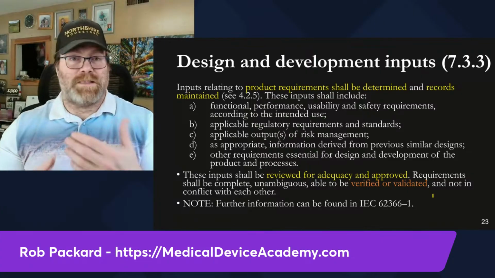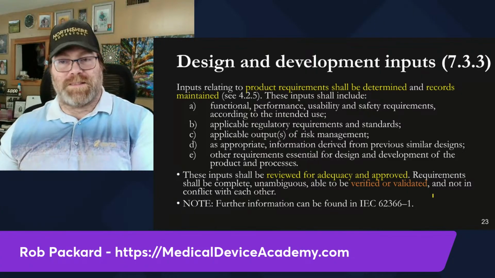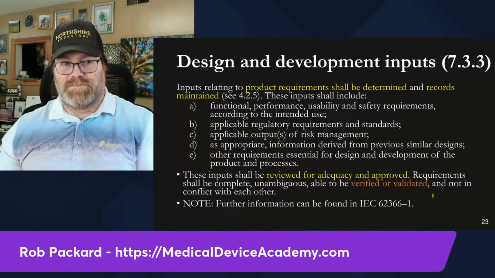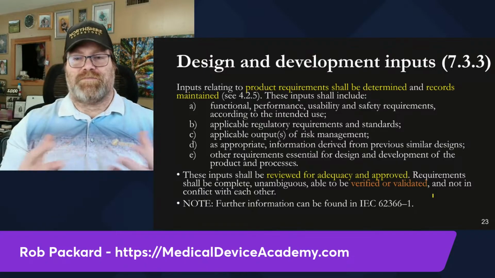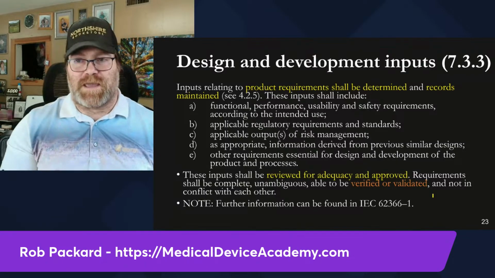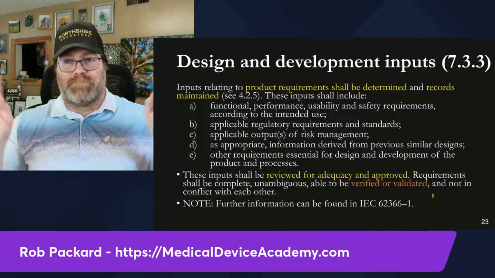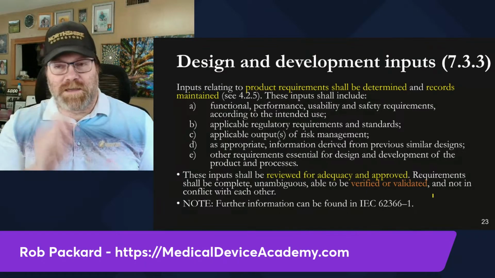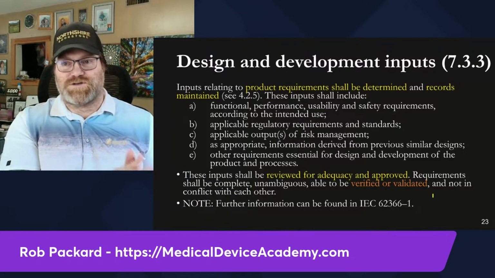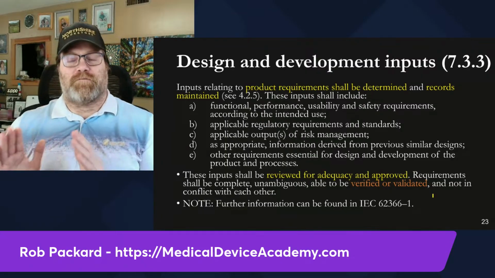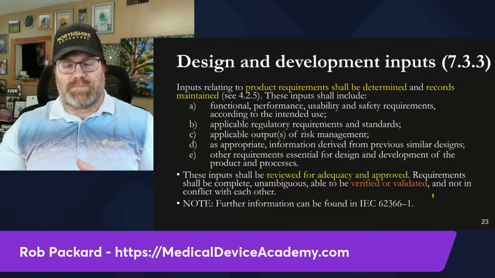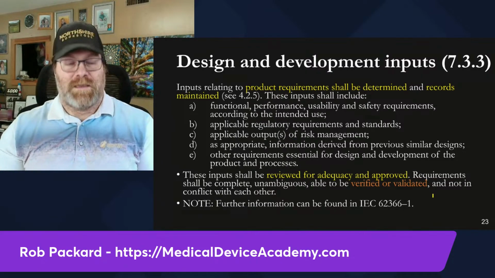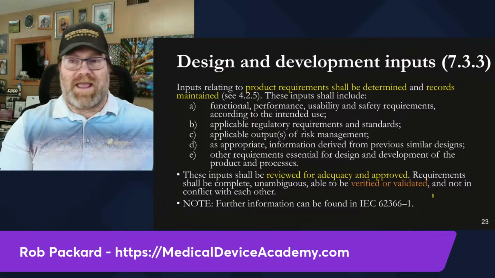Well, now we've come a little bit further, and we know that simulated use, we validate. That's a validation test. And things like sterilization are verification, even though it has the term validation because it's process validation. So we always get confused between process validation and design validation. We're validating actual use or simulated use. That's it. And we're verifying just about everything else.